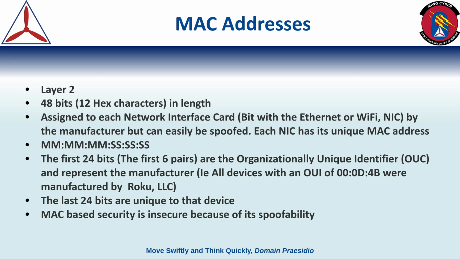Now, the way that MAC works, I'm not going to get too in depth into it, but long story short, you can spoof it very easily. And thus, MAC-based security is inherently insecure because of how easily you can spoof it. A common implementation of MAC-based security is something like hotel Wi-Fi.